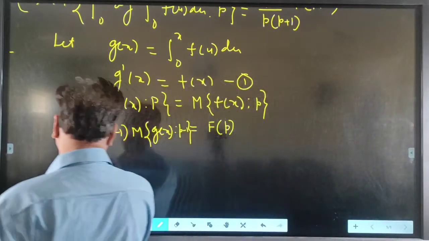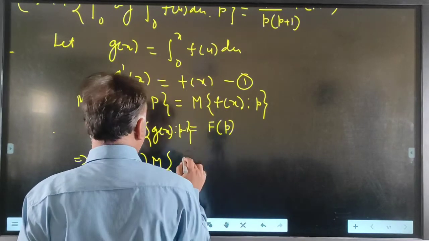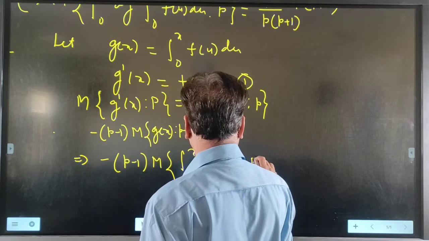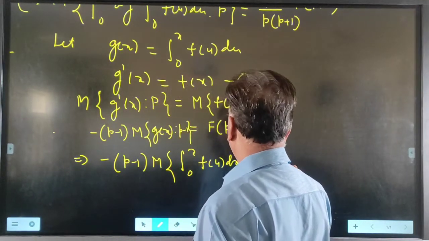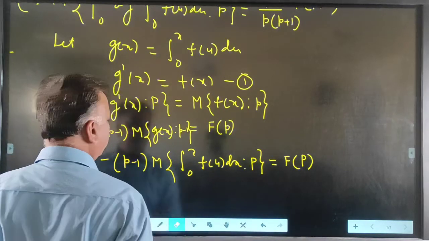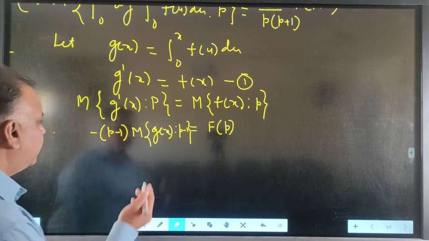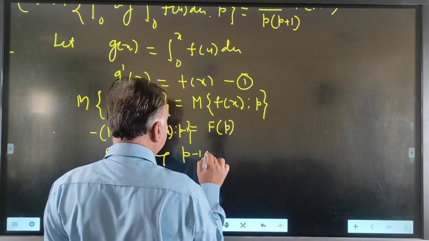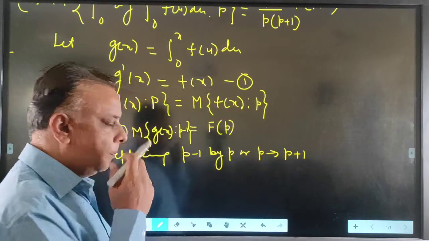Before putting the value of g(x), we replace p minus 1 by p, that is, p is replaced by p plus 1.